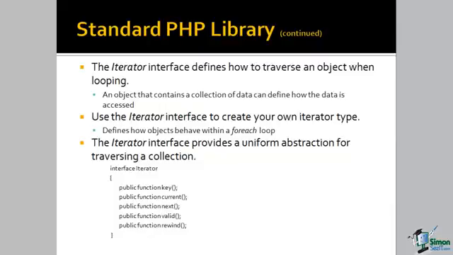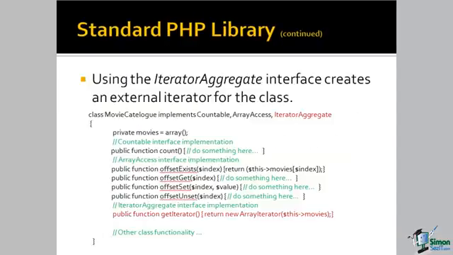Functions defined in the iterator interface are required in order to provide the ability for our own objects to traverse their contained data within a foreach loop. There's another iterator interface called IteratorAggregate that creates an external iterator for our class.